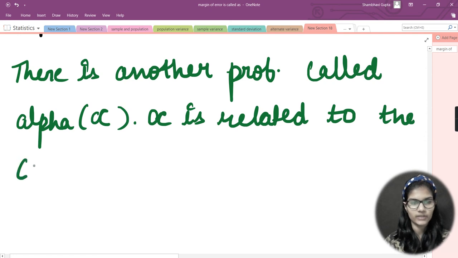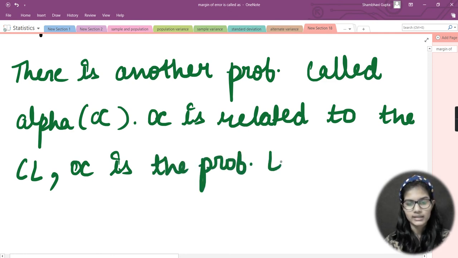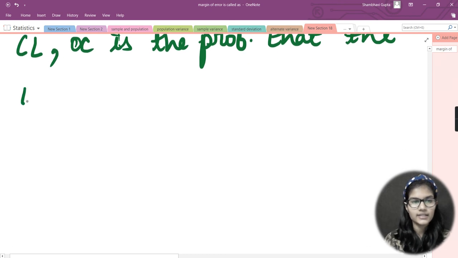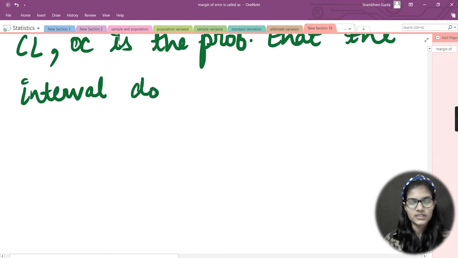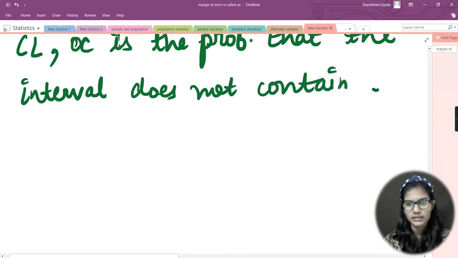Alpha is the probability that the interval does not contain the unknown population parameter.